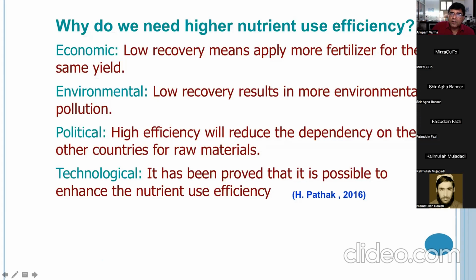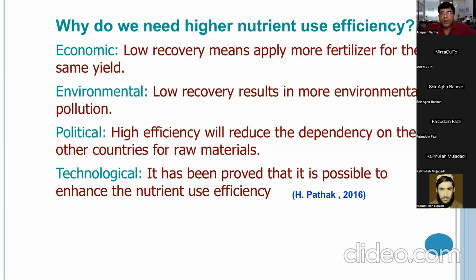Now, what are the reasons for decrease in nutrient use efficiency? Or why do we need higher nutrient use efficiency? Why is lower nutrient use efficiency not good? The first reason is economic.